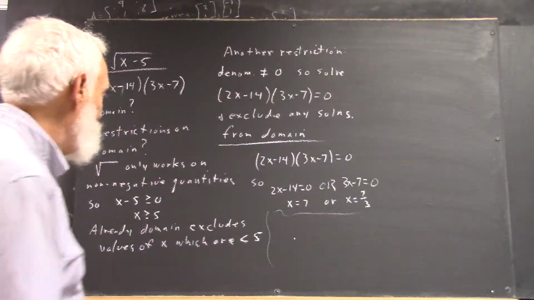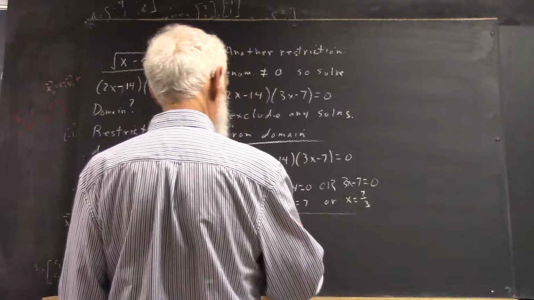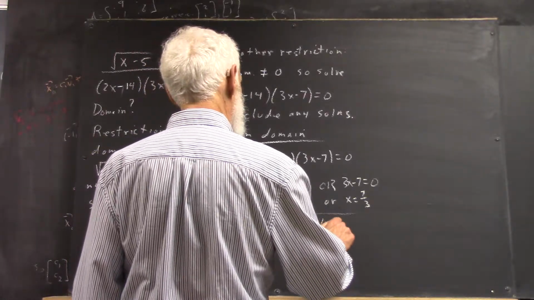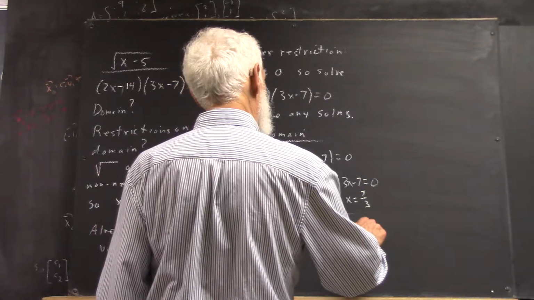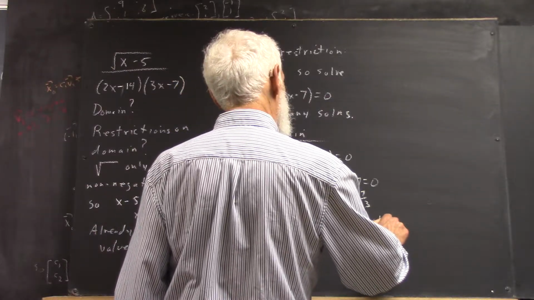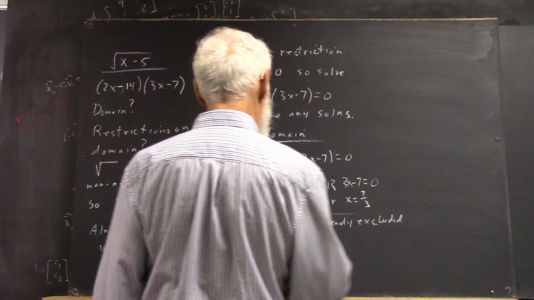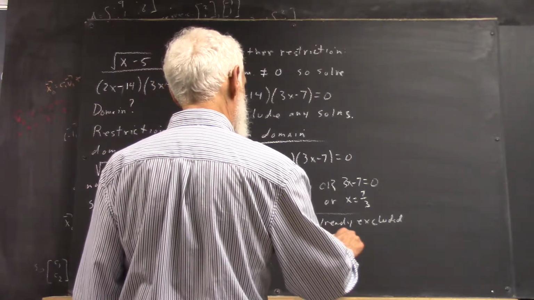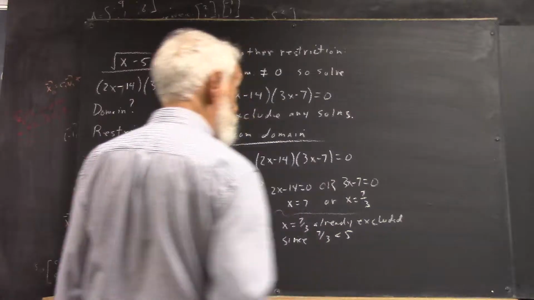Okay, so, since 7/3 is less than 5, right?